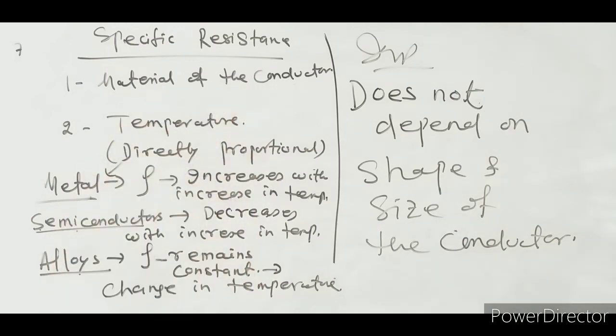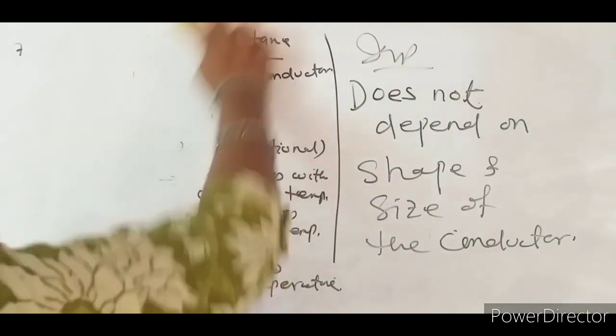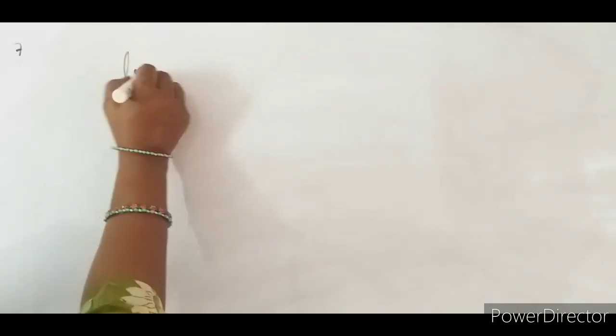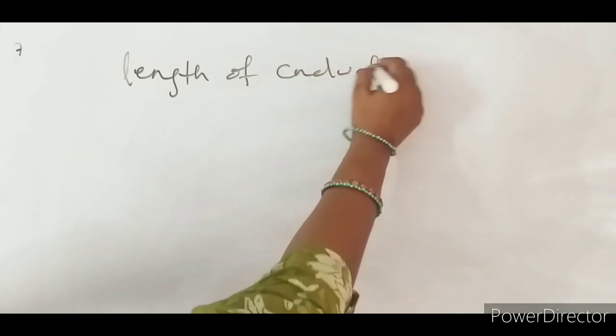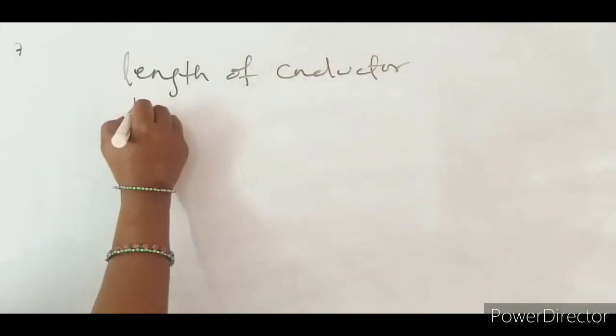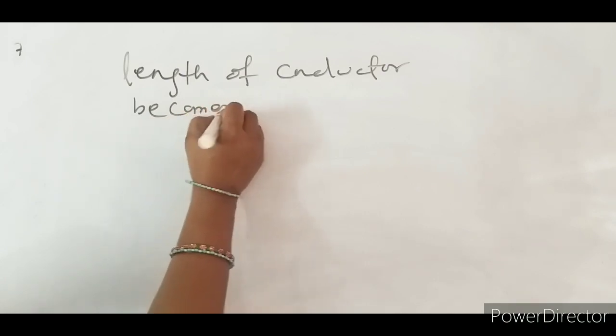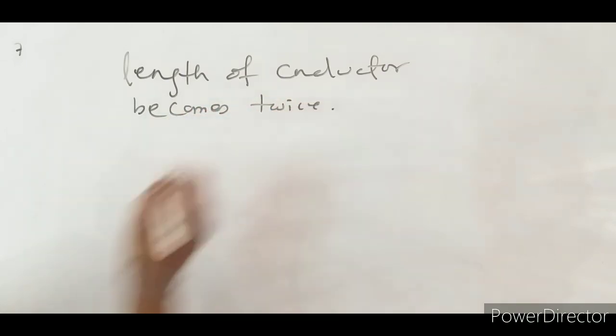So a question comes for us: the length of the conductor becomes twice. How does the resistance and specific resistance vary?